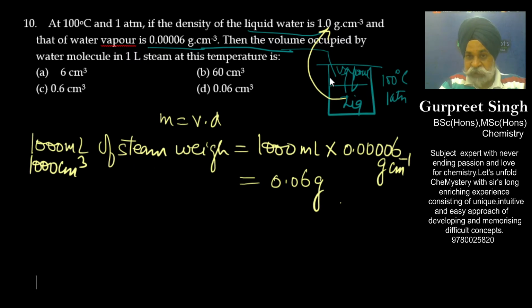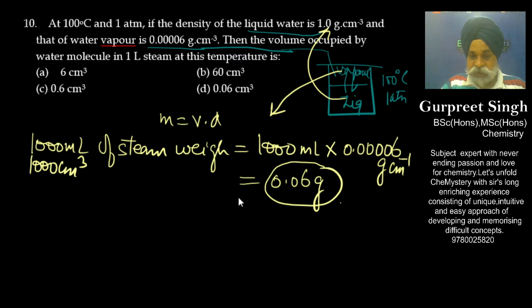If you take 1 liter of this steam out and condense it together, you would get this much amount of water. And I know for sure if this steam which has water vapors is condensed and made into liquid, it would weigh this much grams.